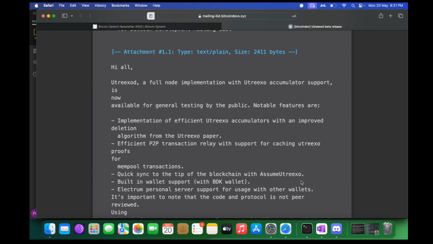Your wallet cannot function until your IBD is done. Because if you're running any implementation of Bitcoin and you intend to use its own wallet, for instance, if you're running Bitcoin Core and you intend to use Bitcoin Core's wallet, then your IBD needs to be complete, right? Your wallet needs to have the entire UTXO set.